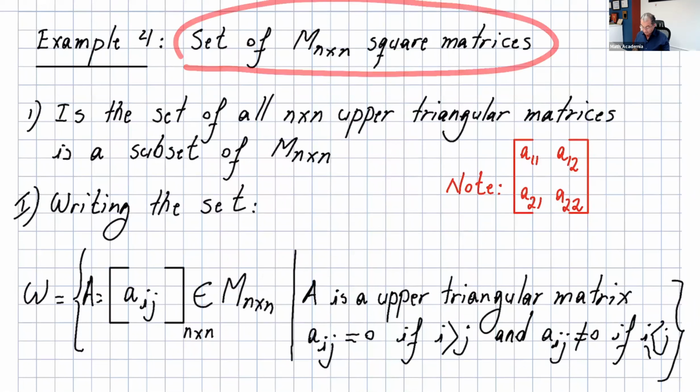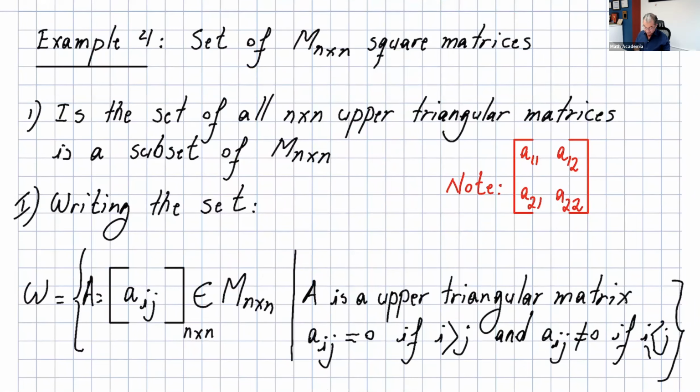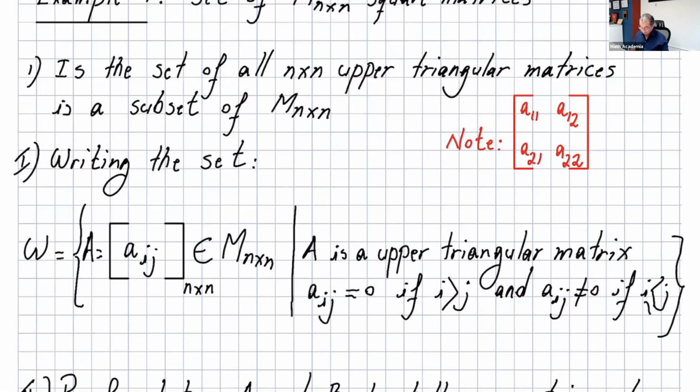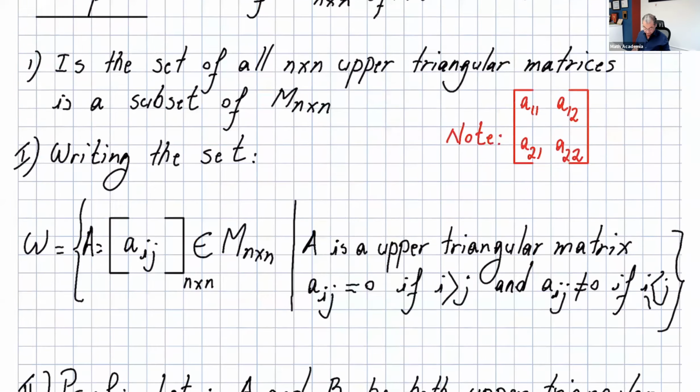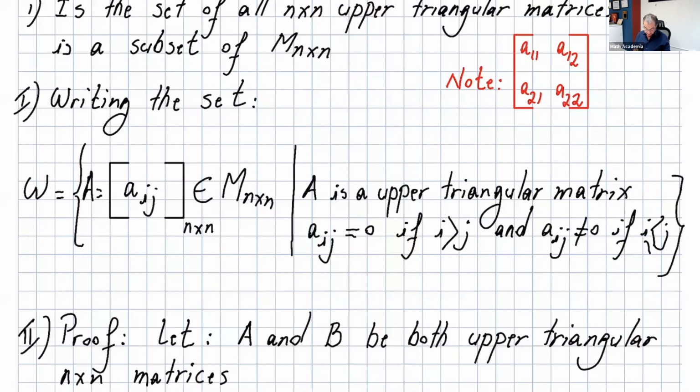Let's try this one. Set of all square matrices. Is the set of all square upper triangular matrices a subset of the set of all square matrices? Well, this is step number one, providing the set. So you can say A, and you can write the matrix in compact form.